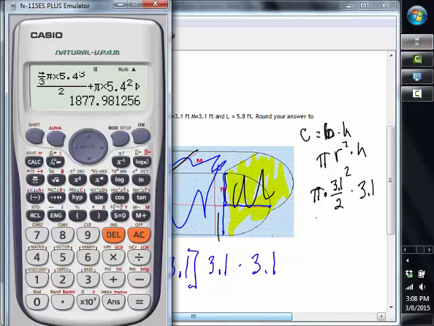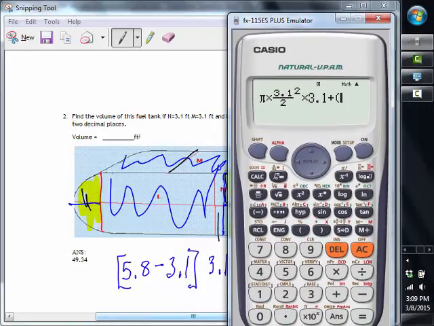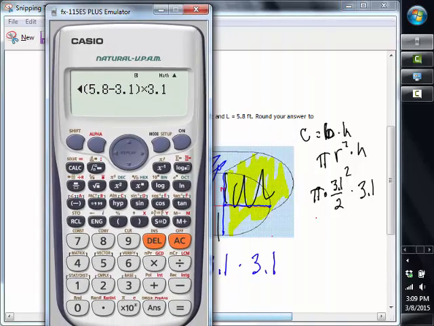Let's do the first part, pi times the fraction 3.1 over 2, but we're going to square that, times 3.1, add to it the rectangular prism, which is parentheses 5.8 minus 3.1, close parentheses, times 3.1 times 3.1, and we get 49.34.